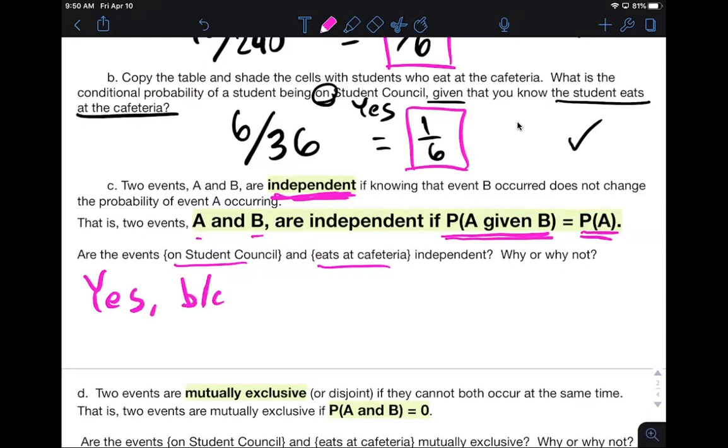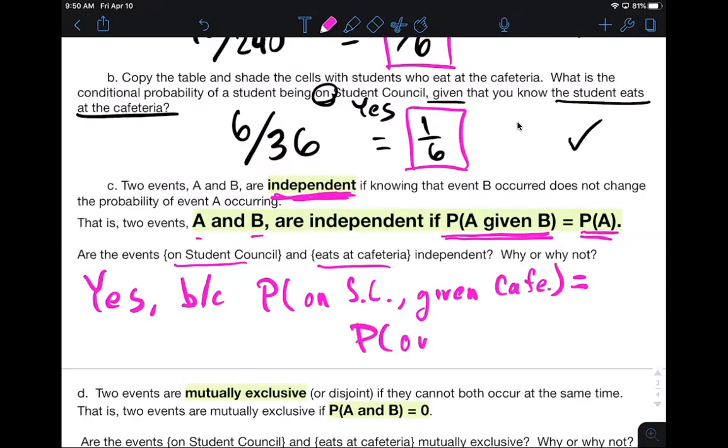the probability of being on student council given eating at the cafeteria, I'm going to shorten the words here, equals the probability of being on student council.